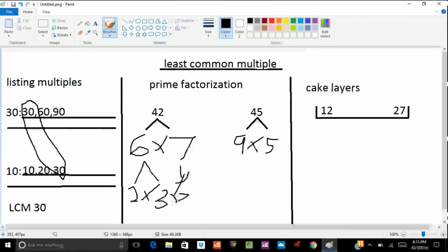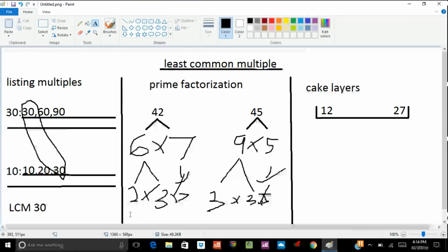Sorry if I'm getting confused, you guys. 9 can be divided into 3 times 3. So now we have our factors here. Sorry if I have terrible writing on the computer.